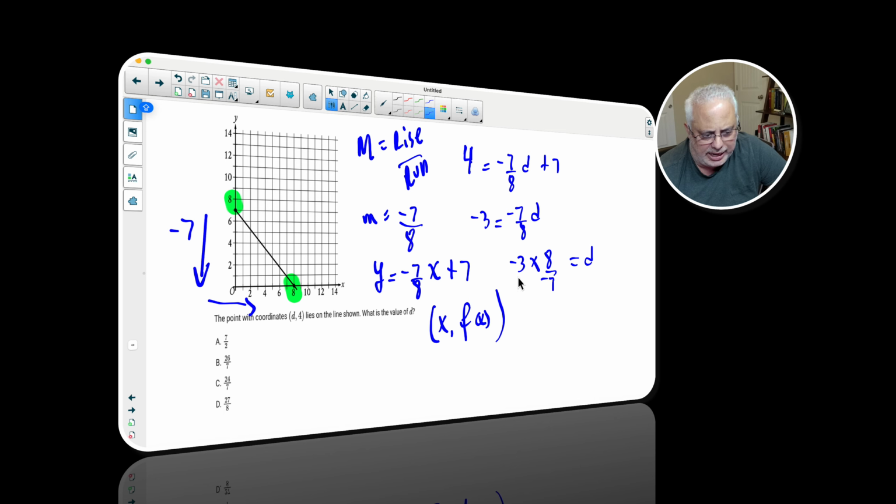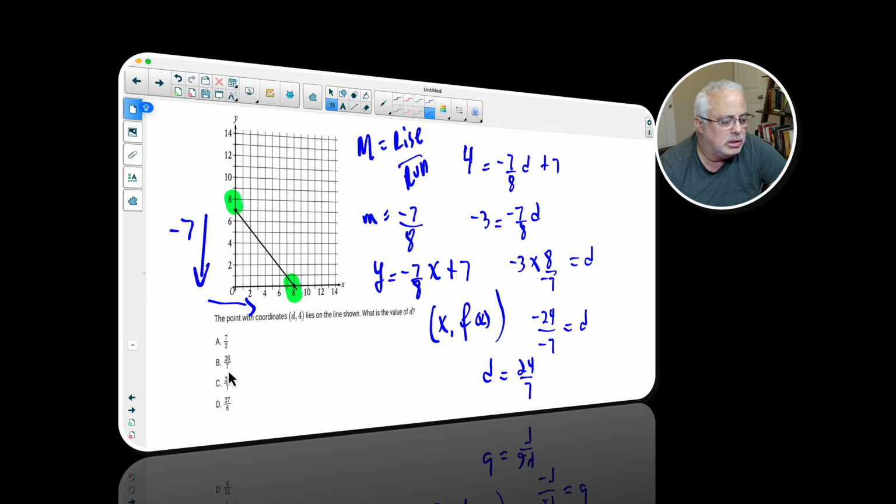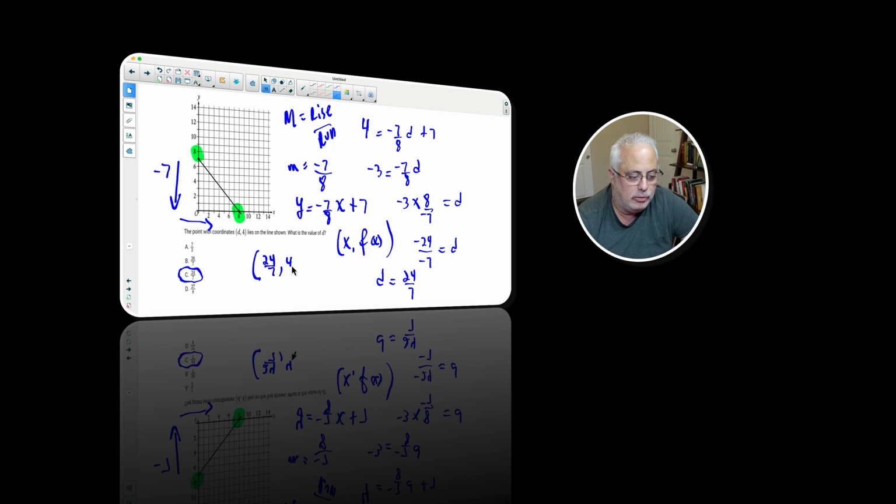So we have here negative 3 times 8, which is negative 24, divided by negative 7. So D is no more than 24 over 7, which is C. And that is the answer, 24 over 7. So the point here is (24/7, 4).